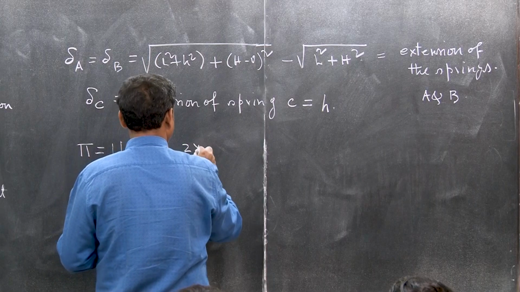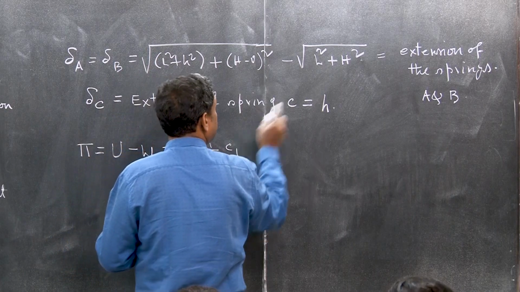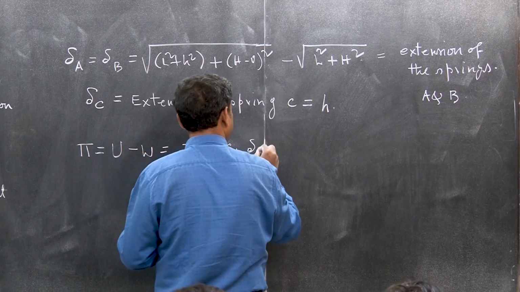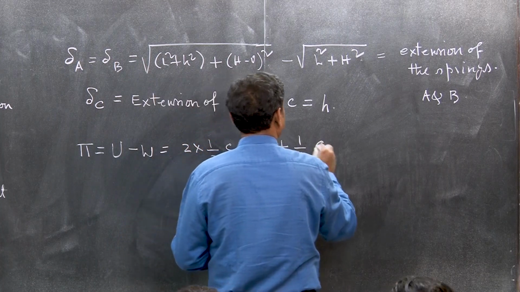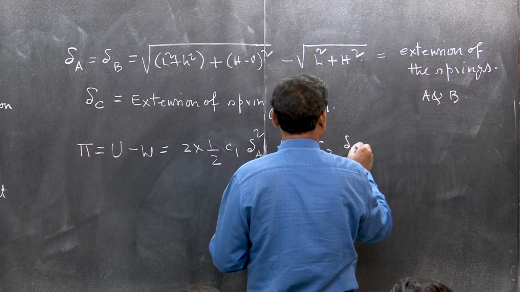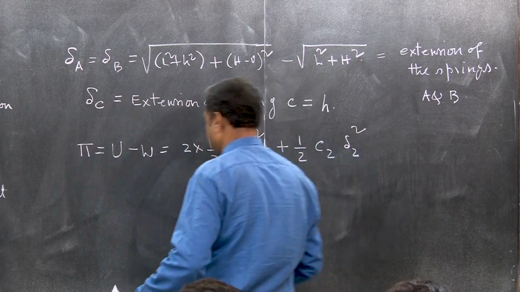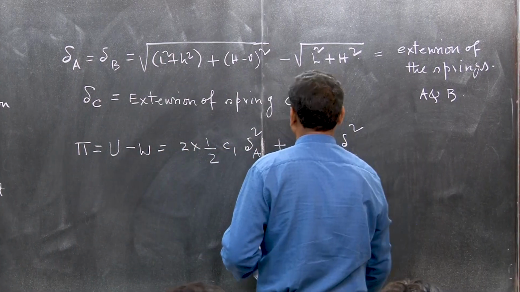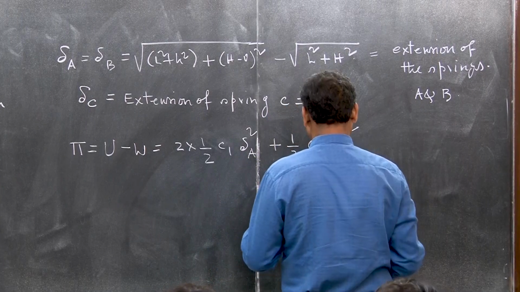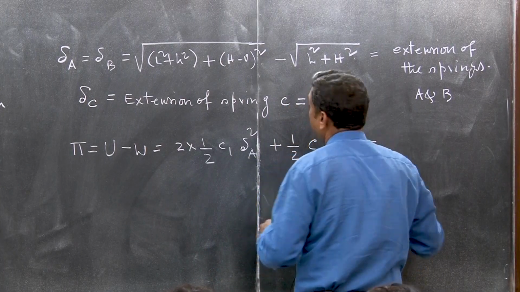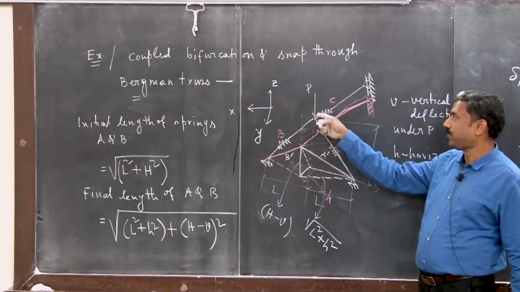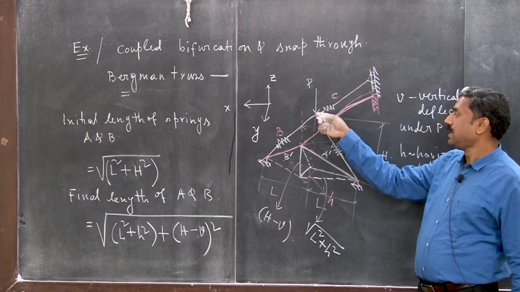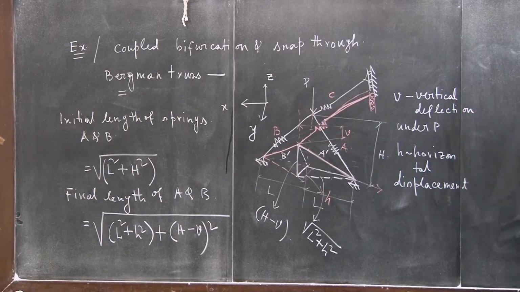So 2 into half C1 delta A or delta B square, okay, plus half C2, the spring stiffness, delta C square, okay. Please note that delta A, delta B same, okay, minus what is the work done by P? P is the vertical load. So the only component it will work on is due to the vertical, so P into V, right.